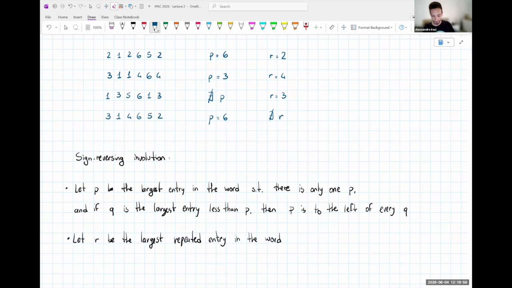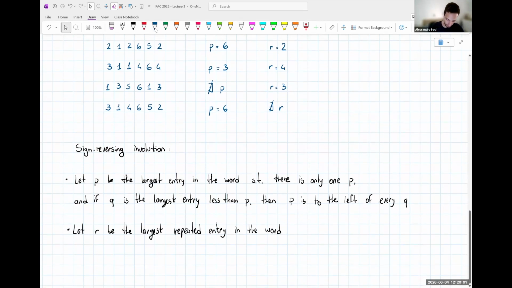So what do we do? There are 3 possible cases. Case 1 is P is greater than R, or R does not exist. In this case, we replace P with Q. So for example, this is happening in this case here, and in this case here.